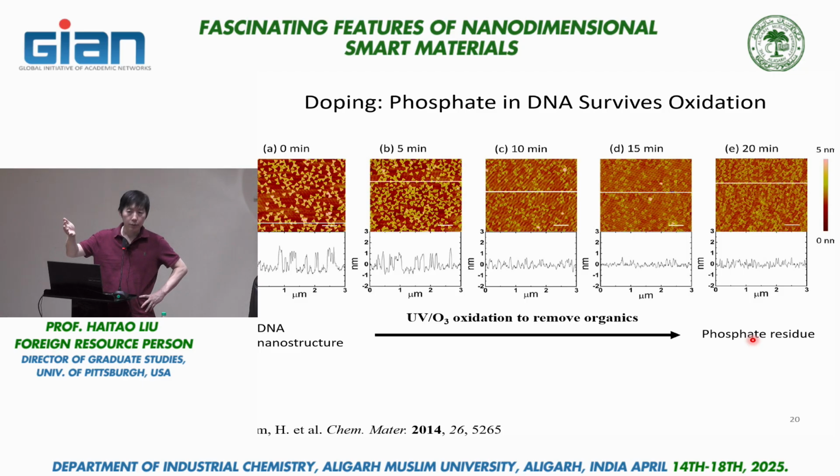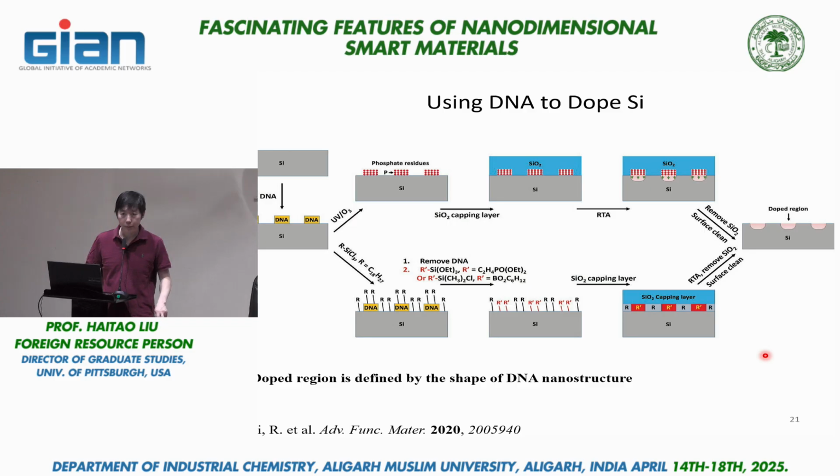So the phosphate would stay behind in the form of metal phosphate, in the same shape of the DNA nanostructure. So with this in mind, we started to think about ways we can leverage the phosphate residue for doping.